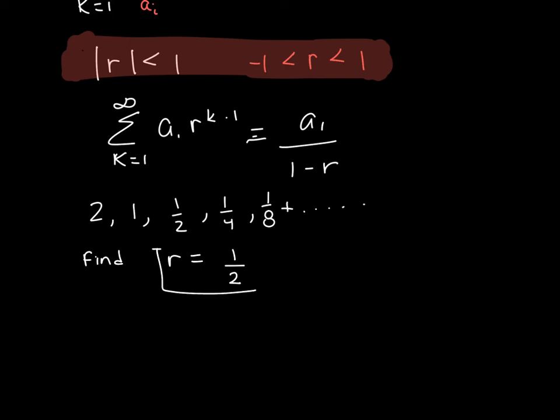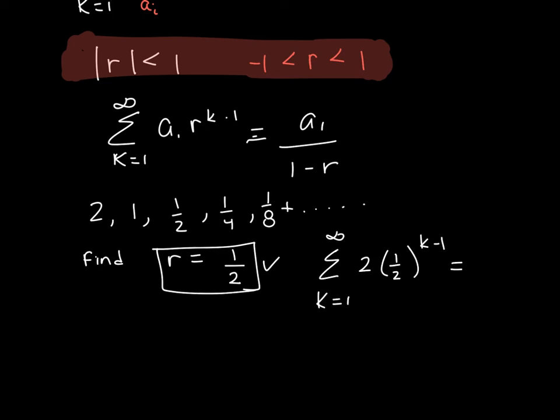So that meets our conditions. And then I go ahead and write this, and that's all I need. So now I know that the sum, as k goes from 1 to infinity, of 2 times 1/2 to the k minus 1 power.